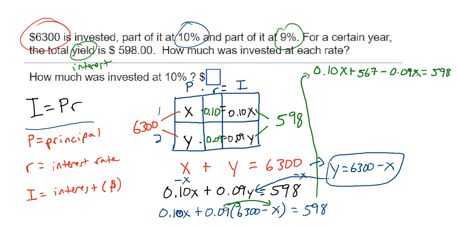And just like we've been doing the last couple of examples where this has happened, we're combining like terms here, not adding this over to this because they're already on the same side of the equation. We just combine them together. We'll get 0.01 this time, x, and while we're at it, subtract the 567 to the other side.